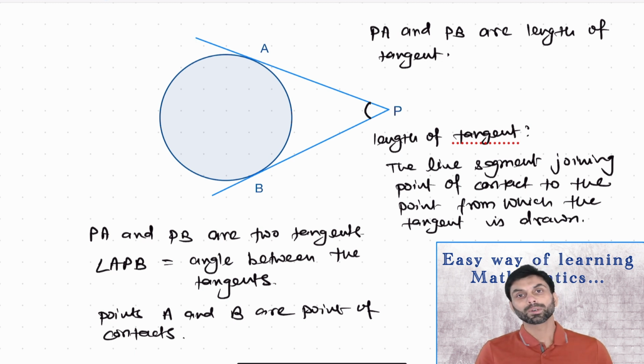So these are some of the terminology which is related to the circle, that is point of contact, length of tangent, angle between the tangents, and we will be using it very frequently while solving the questions.